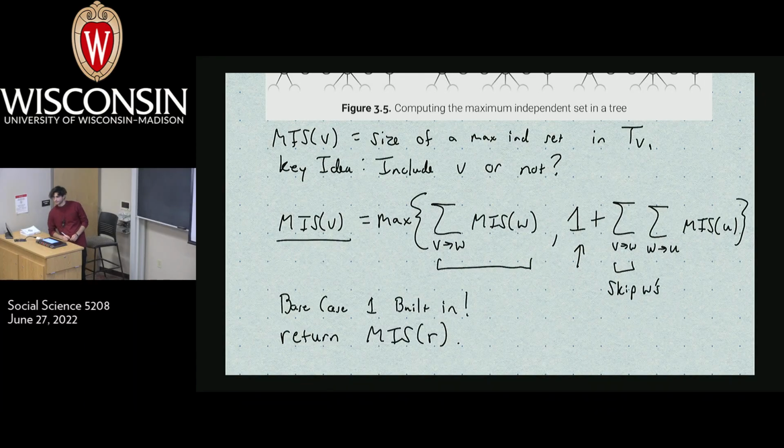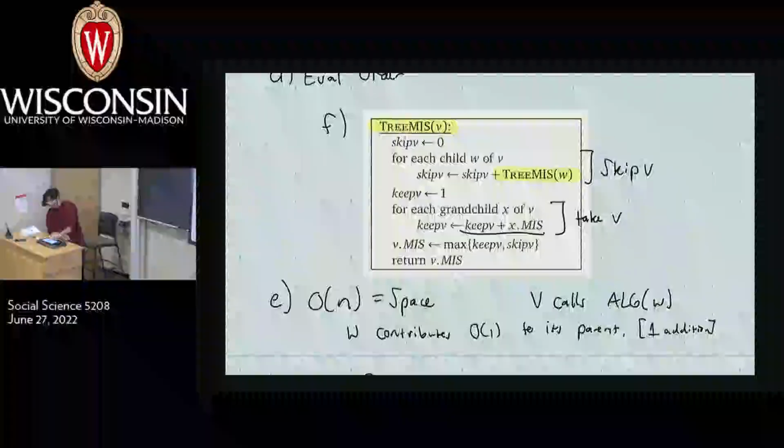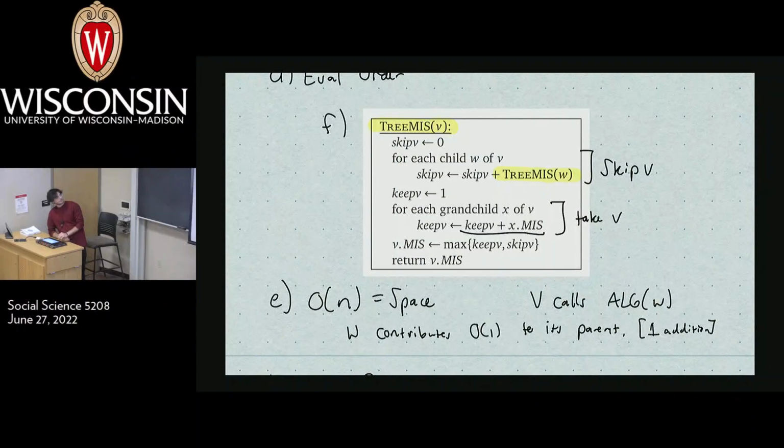Yes? So for the skip V portion, it's skip V plus tree MIS of W. Mm-hmm. For the keep V portion, it's keep V plus x.MIS. So x.MIS is just tree MIS of x, stored for x.